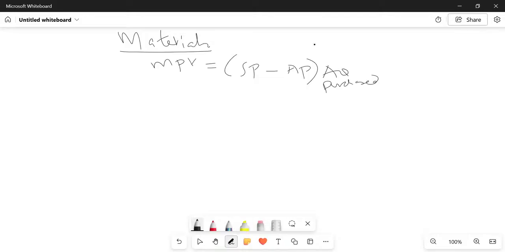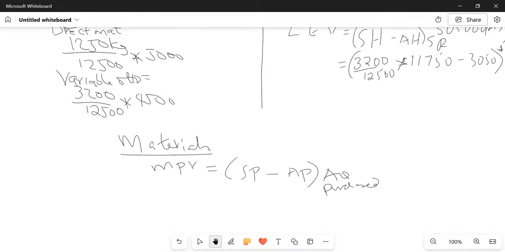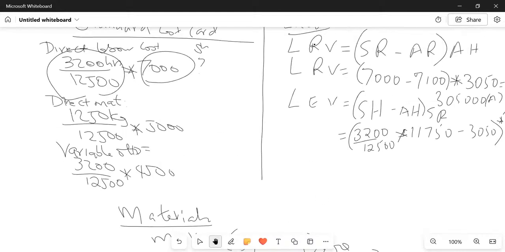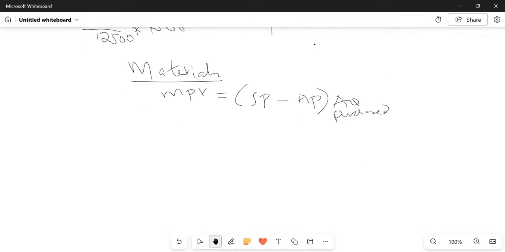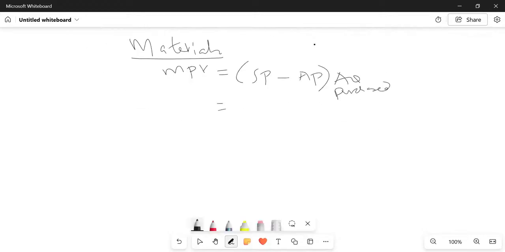So in this very question, do we have the standard price per kilogram? Oh yes, we do. You can see here, it is 5,000. Great. Then go to the actual information and pick the actual price per kilogram. It is 5,000.